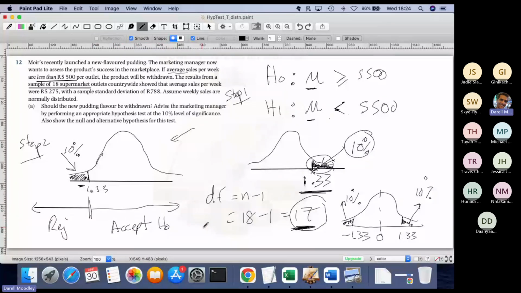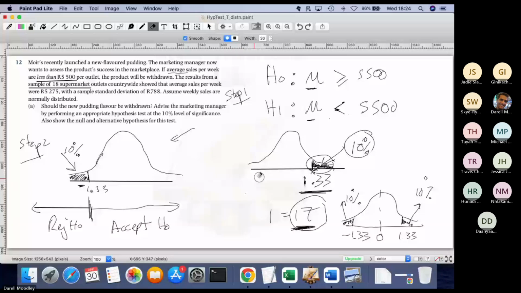So now you found your critical regions. You reject H0 if it's on the left of minus 1.33, and you accept H0 if anything is bigger than minus 1.33. That's your step 2. You've pretty much done step 2 now. Now we're going to move on to step 3.